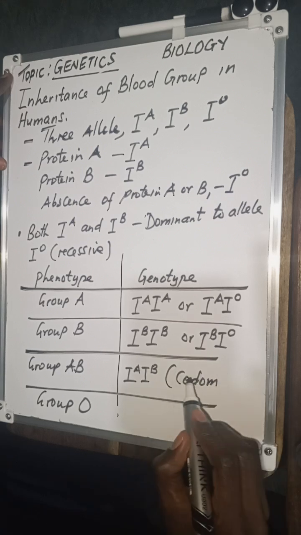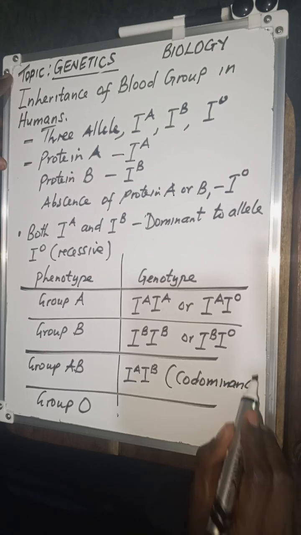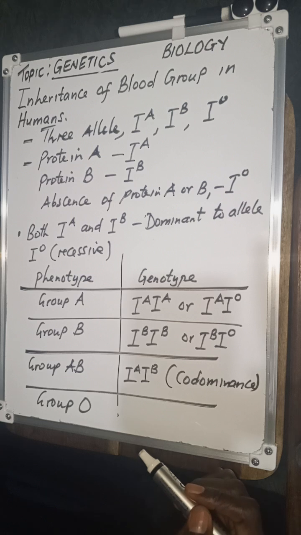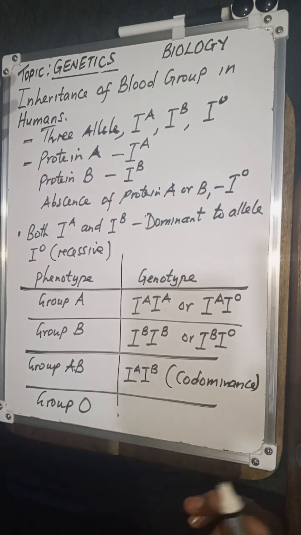So blood group AB shows codominance because these are two different alleles, but they are equally going to be expressed in the phenotype. So we call them codominant alleles.